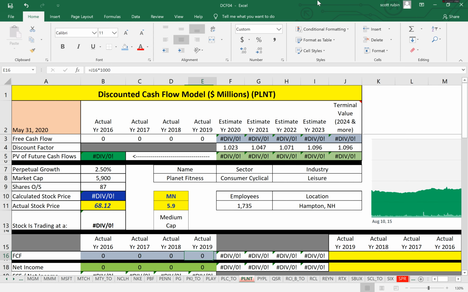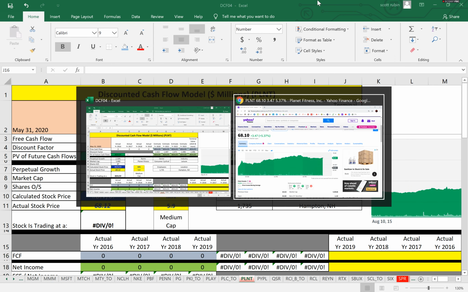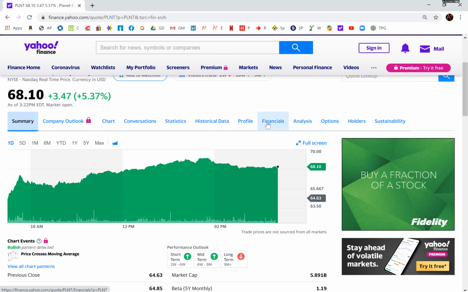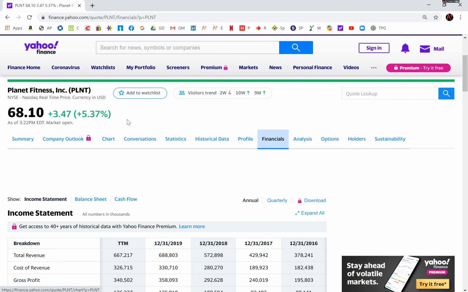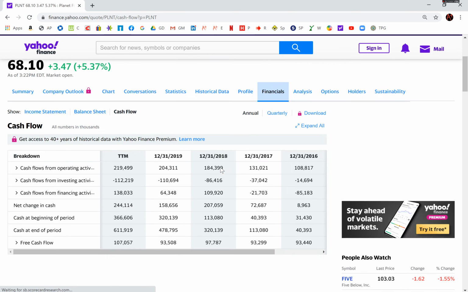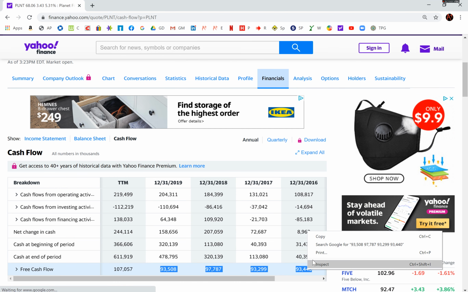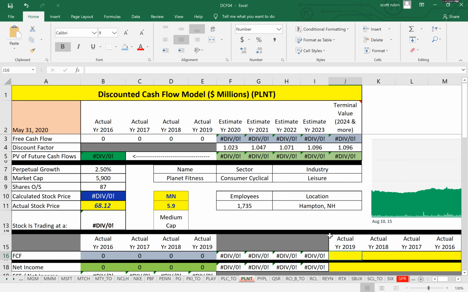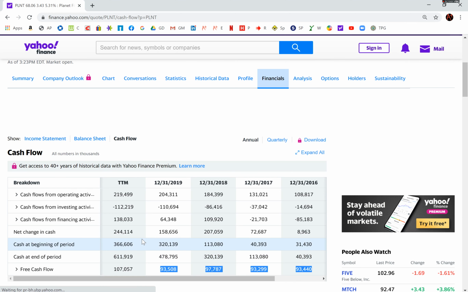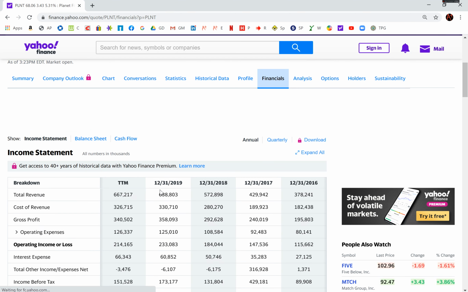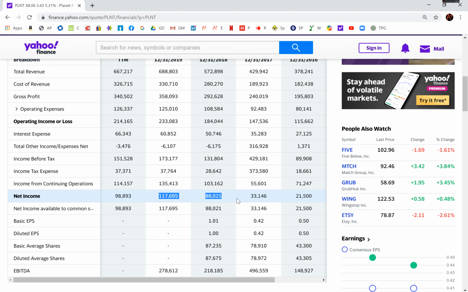So let's get started. First, we need free cash flow, and that's in Yahoo Finance in the cash flow section, and then they have free cash flow. And then next we need net income. That's the profit or loss for a given period, and that's on the income statement.